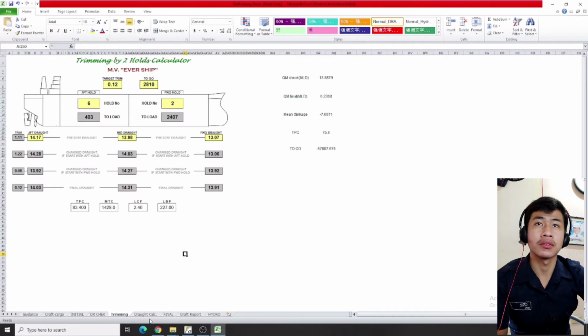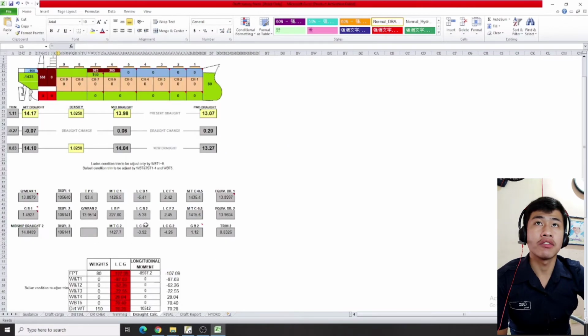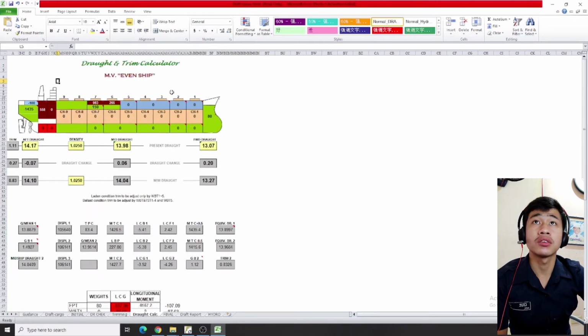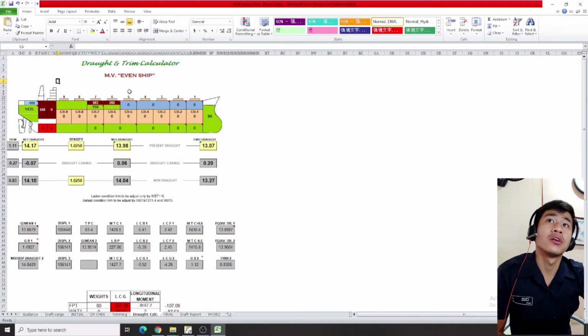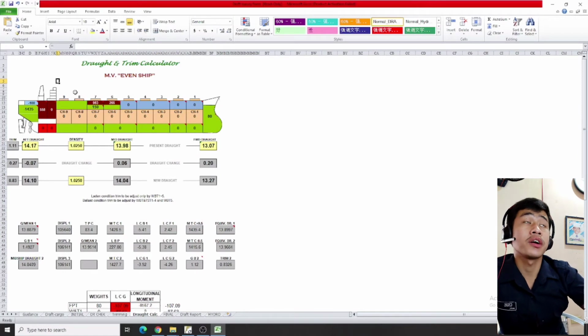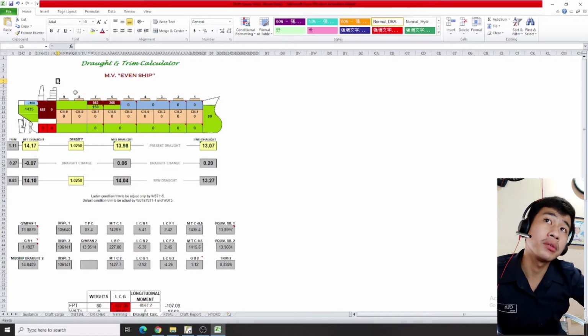that's that. This is the draft calculation, and I think it is also a cargo hatch calculation, which is the crucial part, especially for bulk carriers.